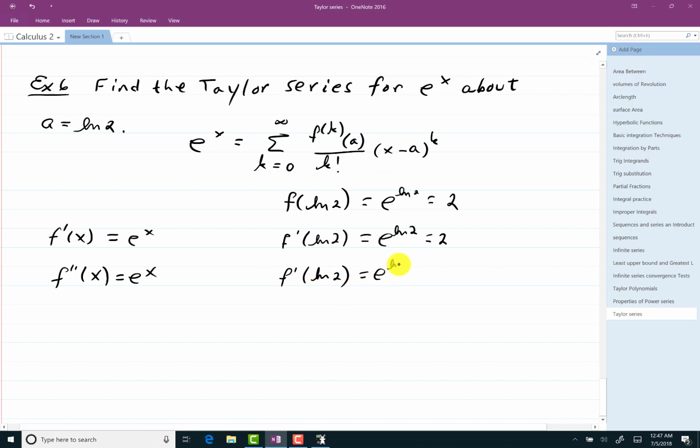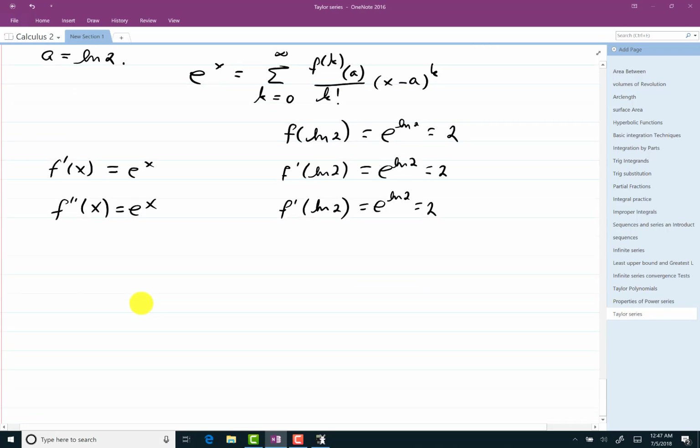Pretty simple then, that e to the x is going to equal, every single derivative evaluated at ln 2 was 2. So I'm going to have the sum of 2 over k factorial times x minus ln of 2 to the k, k equals 0 to infinity.